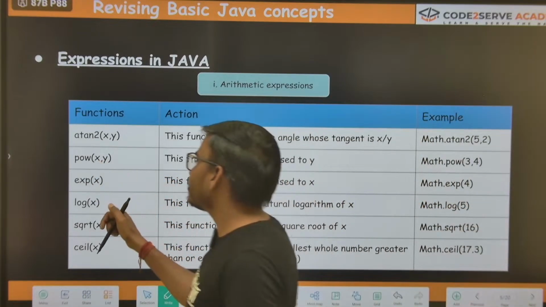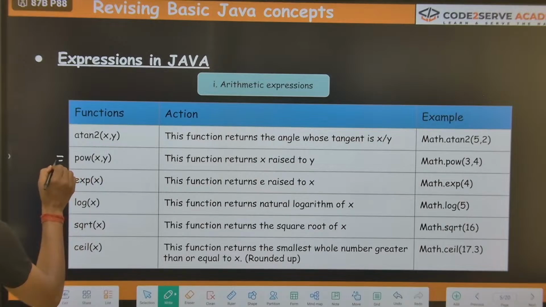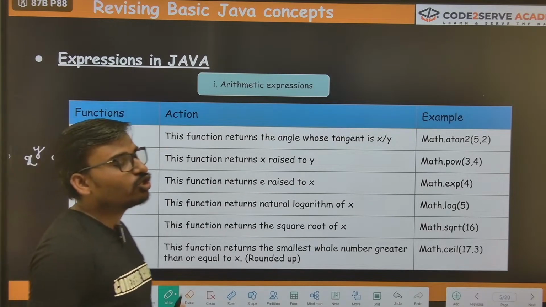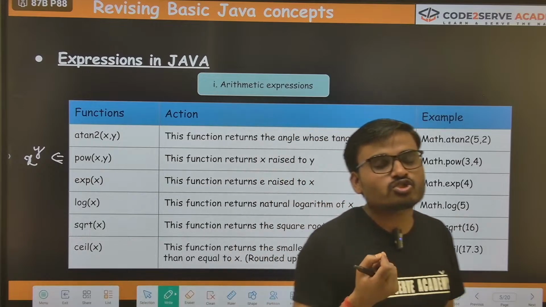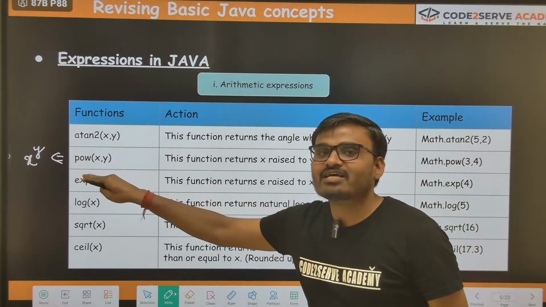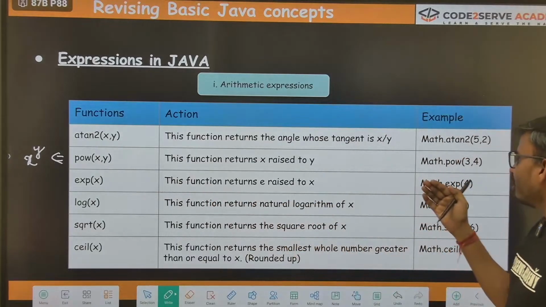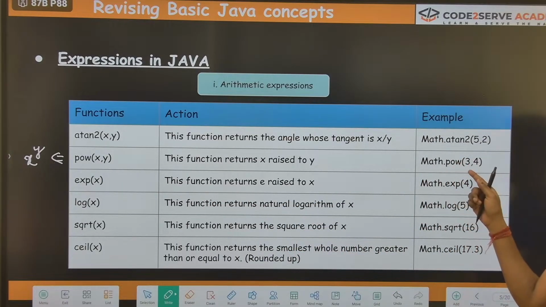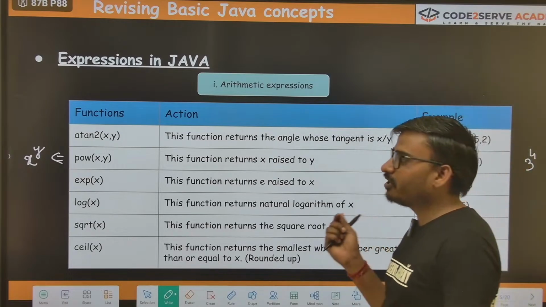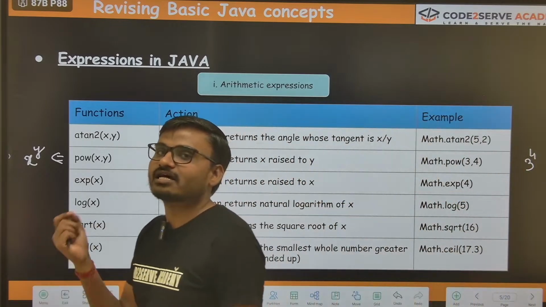That means this is equivalent to x to the power y. So if you want to find the value of x to the power y, you will write math.pow x comma y. Similarly, you can see here math.pow 3 comma 4. This means 3 to the power 4. Whatever the value will be, it will return that value as an output.